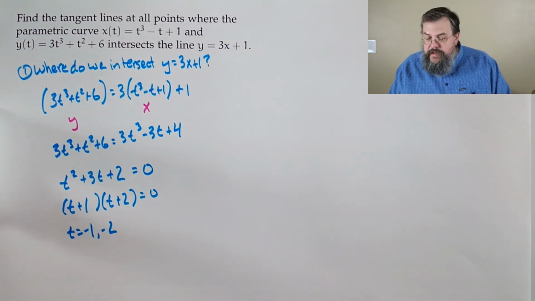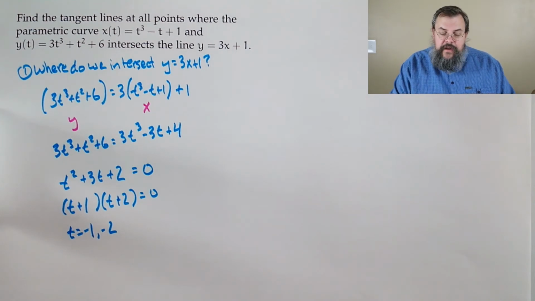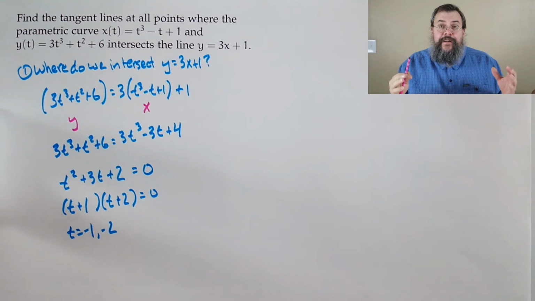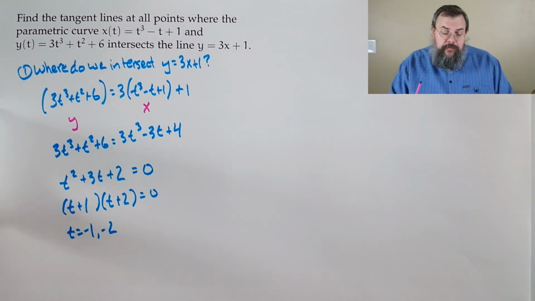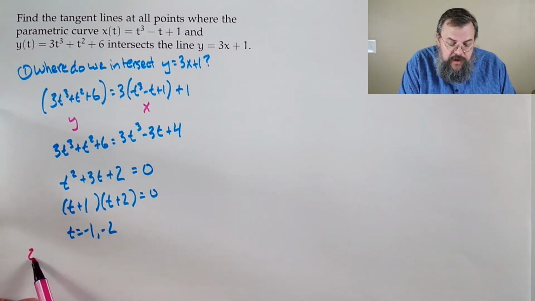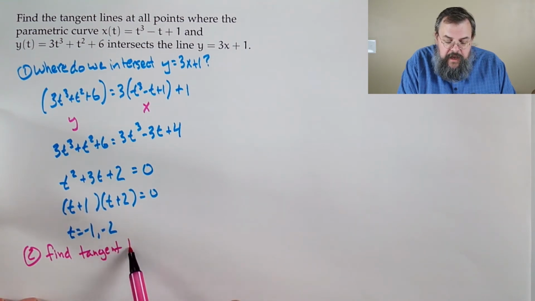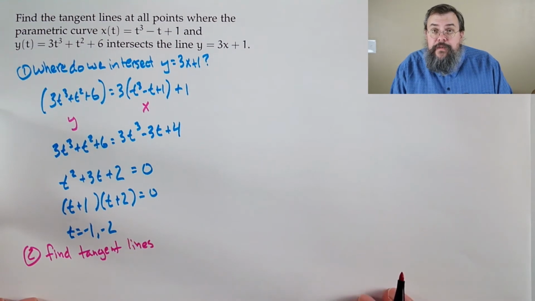Now, let's move towards the second part. Now we know our parameter values where we're looking for tangent lines, -1 and -2. The next thing is to find the lines. So, step 2, find our tangent lines. To do this, it will probably be helpful to write down our slopes.